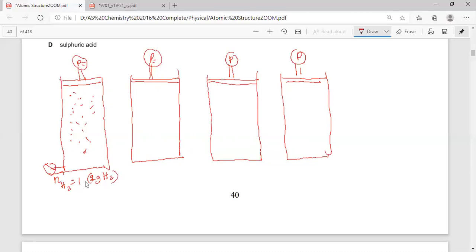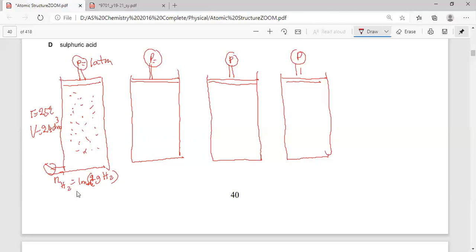Let's say the temperature here we keep at 25, and the pressure is normal pressure, 1 atmosphere. Use atmosphere, it's easier. They found that when you pump 1 mole or 2 grams, the volume it occupies is 24 dm3. A fixed one.